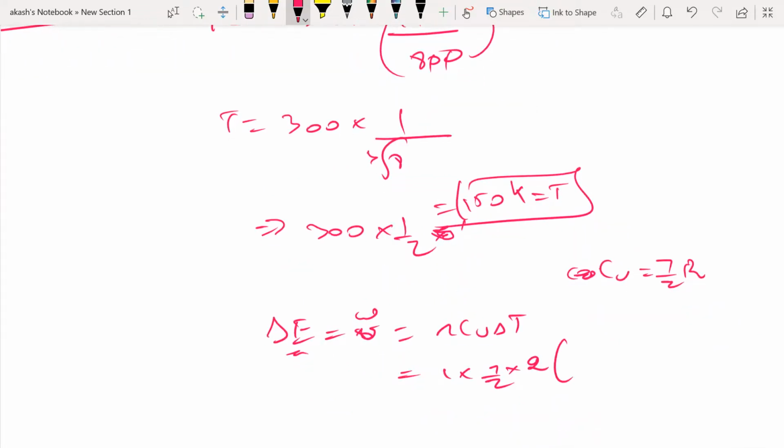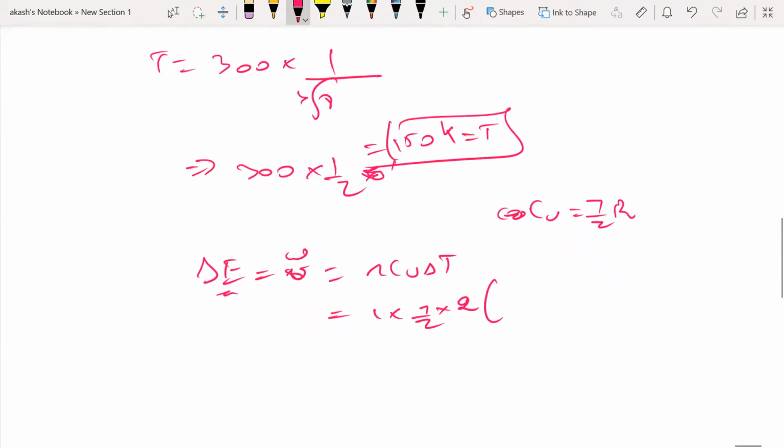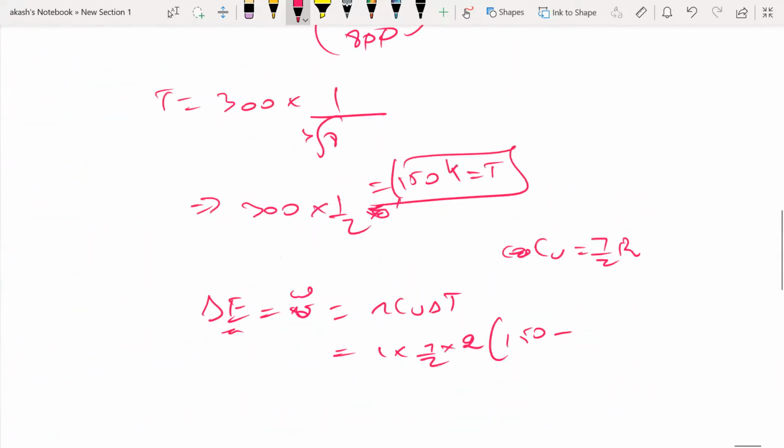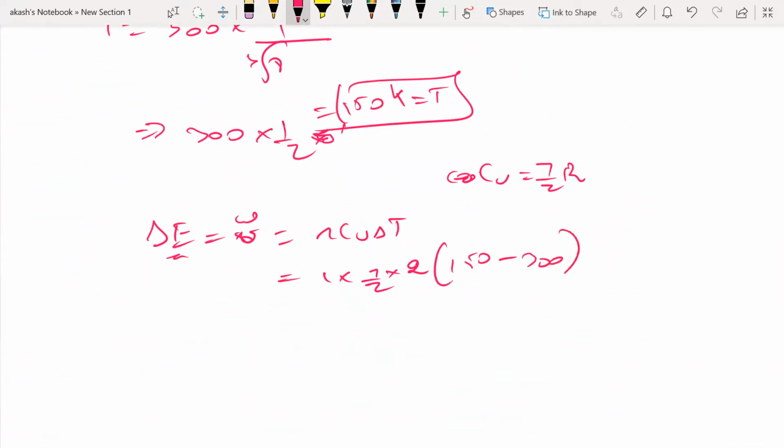Into T2 minus T1, so it would be 150 minus the initial temperature, 300. Obviously the 2 will get cancelled, and here you will get 150 into 7.